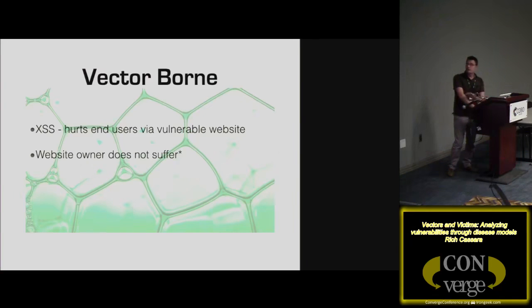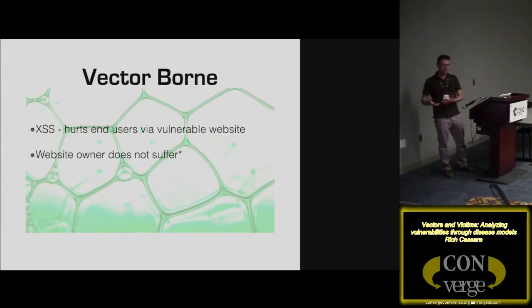It's using that website as a vector to get to the user. The website itself doesn't really suffer. And I put an asterisk there because in theory, if companies have a lot of vulnerabilities, if their customers are subject to getting hacked frequently, they should suffer in their reputation, they should suffer in the market in some way. But if you think about it, that never really seems to play out.